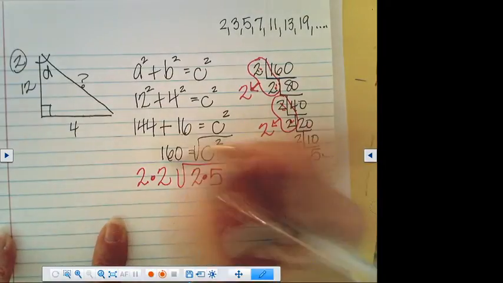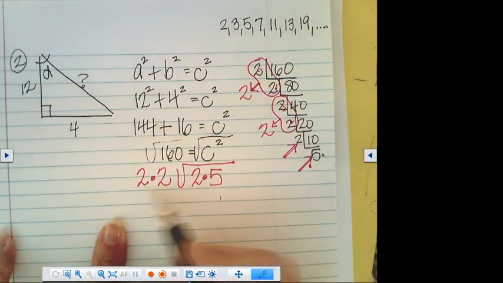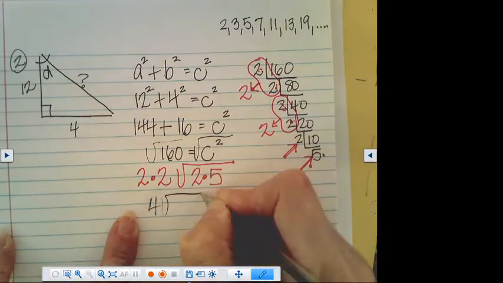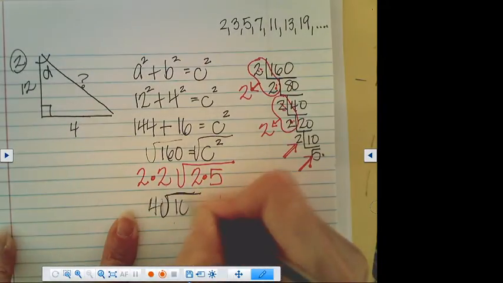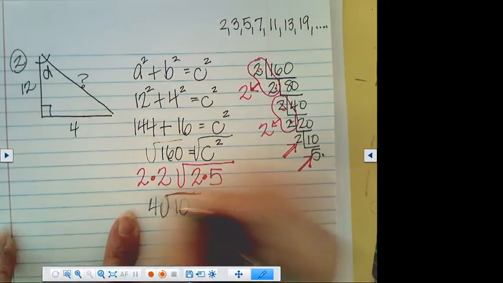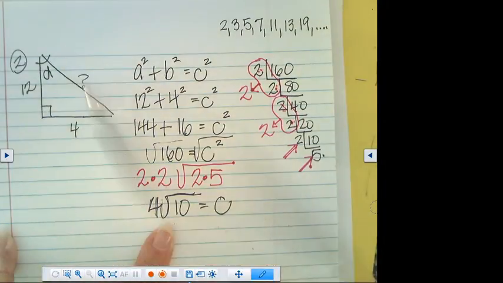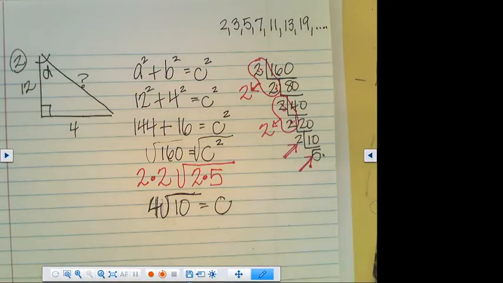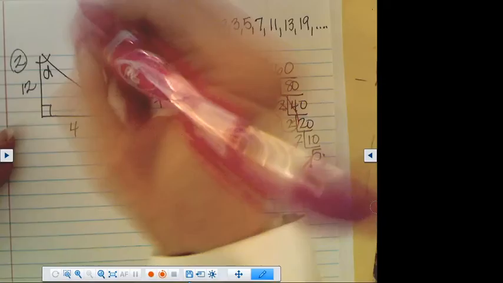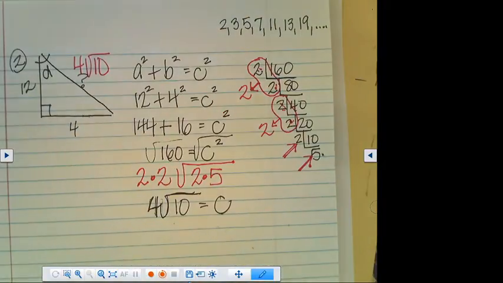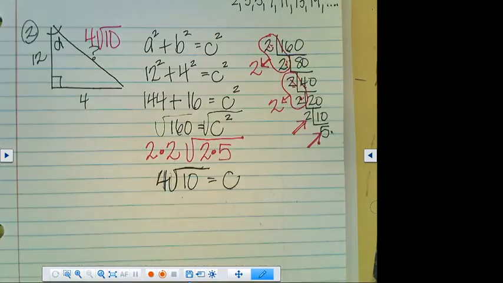Multiply these back together. 4 square root of what? 10. That's our C value, our hypotenuse. So we're going to go back up and write 4 square roots of 10 with your hypotenuse. And now you're in business. Now you can find the ratios.